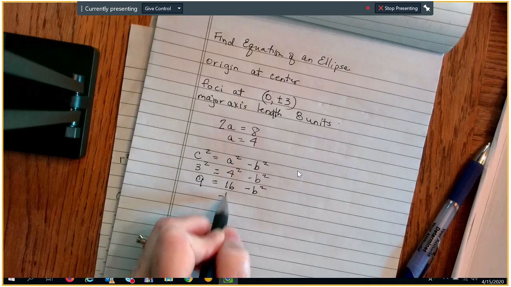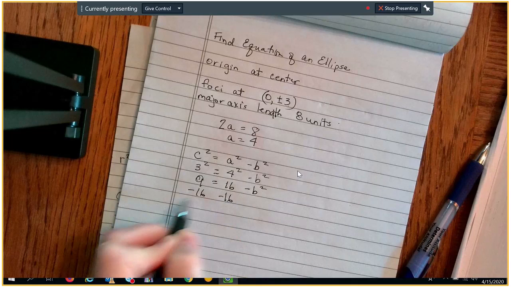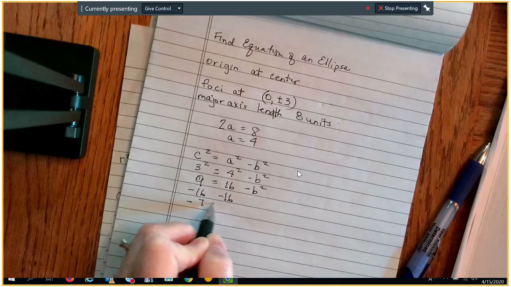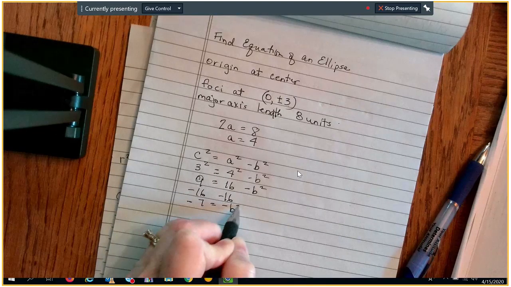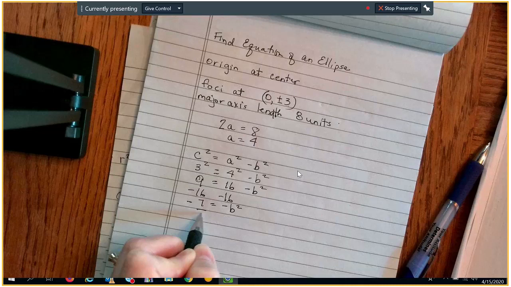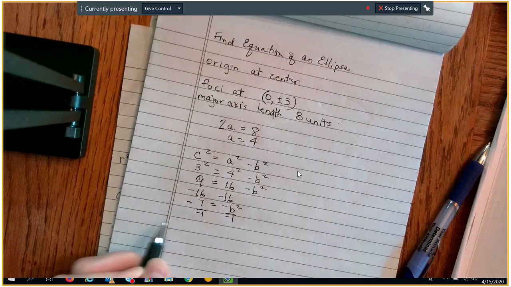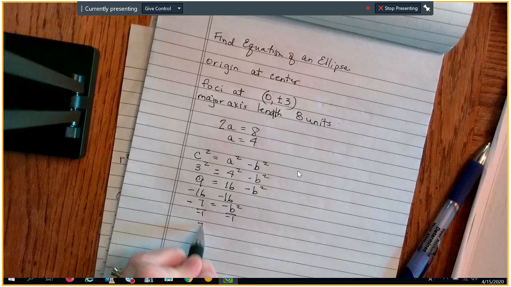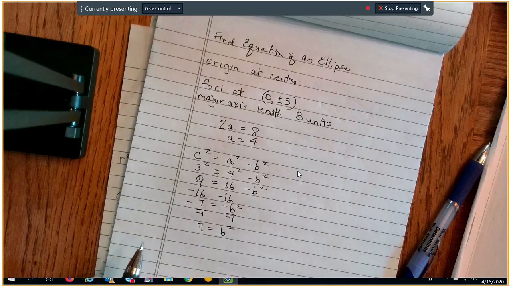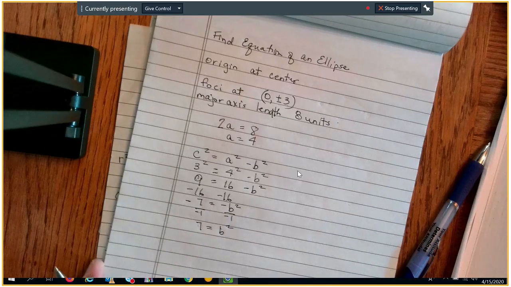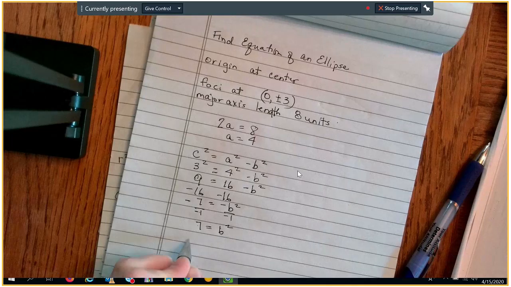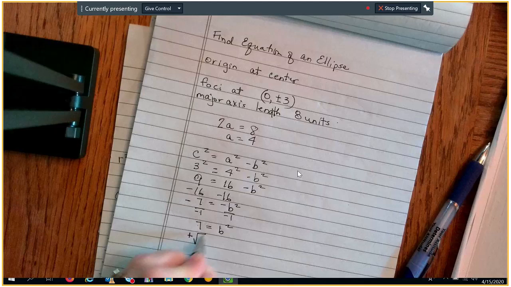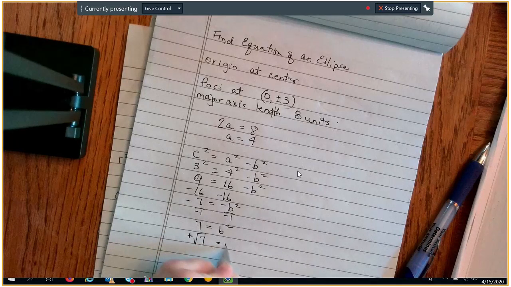If I subtract the 16, I'm going to have negative 7 equals negative b squared. And I'm just going to divide by negative 1 because I don't like having a negative. So 7 equals b squared. So we have a positive square root of 7 and a negative square root of 7.